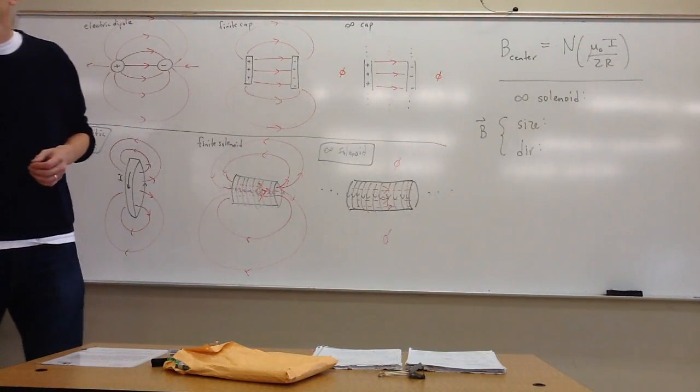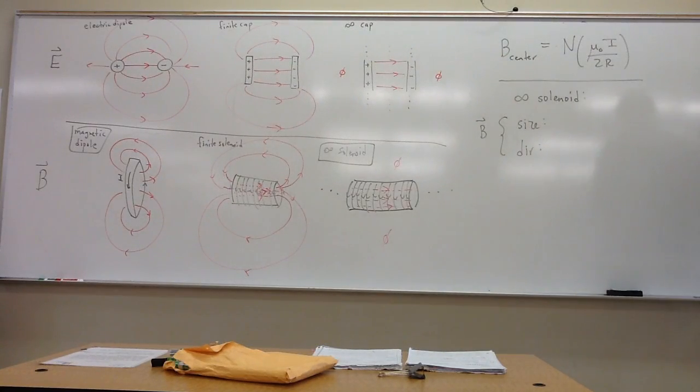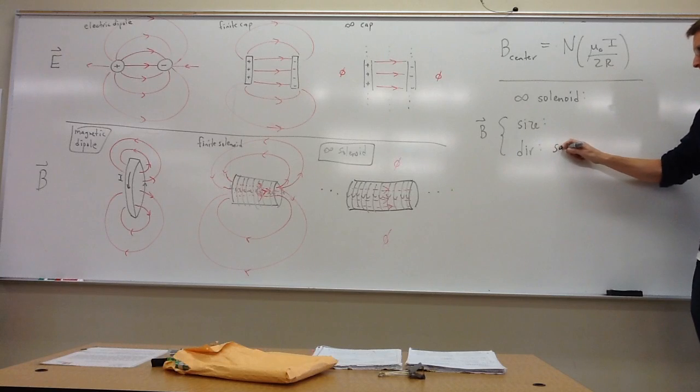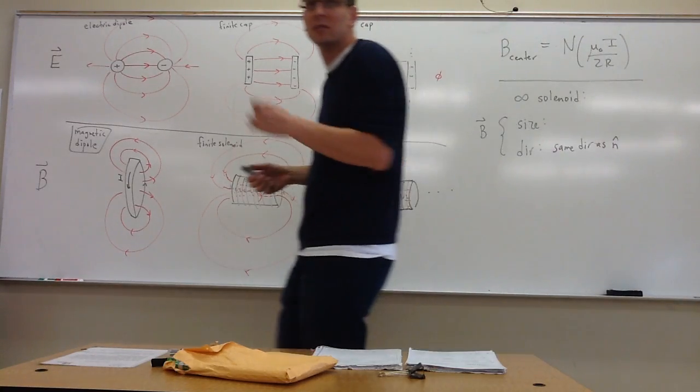It's not in the scope of this class to tell you how to get these, although they all come from relatively few simple laws. So the direction, that's easy, because it's the same for a bunch of loops as for one loop. It's the same direction as the normal vector of all of these loops. All of these loops have a normal vector that points to the right.